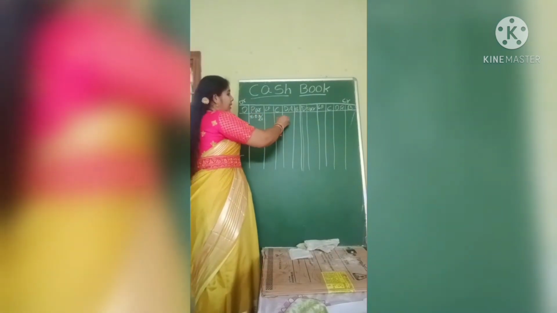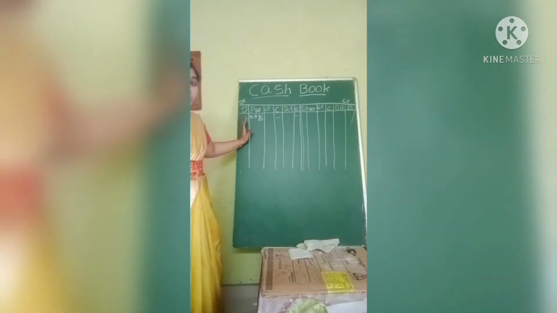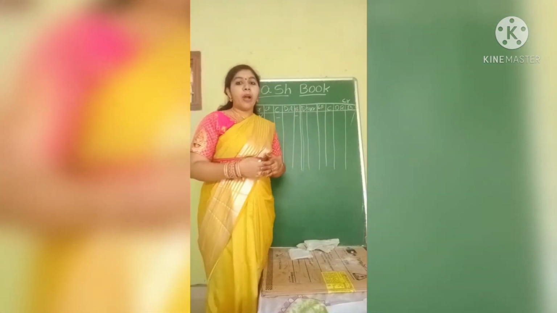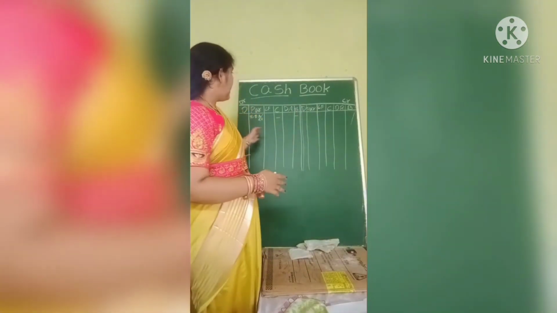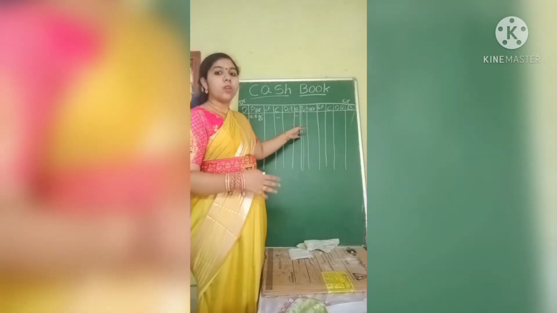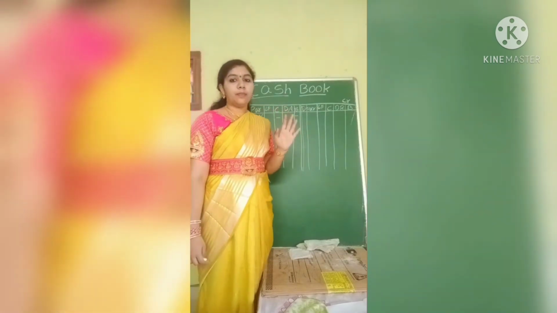The cash amount in the cash column, the bank amount in the bank column, on the debit side only, not on the credit side. This is our first point.